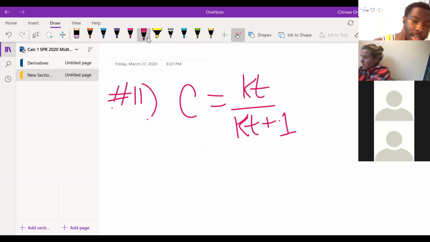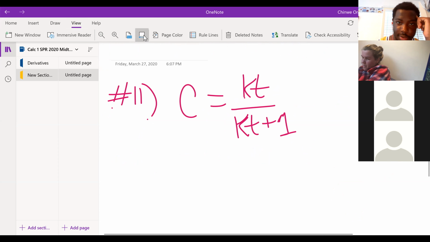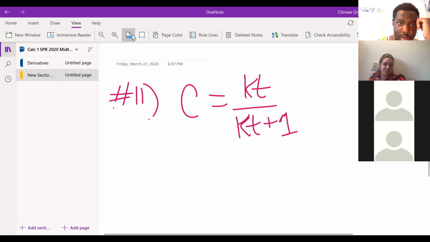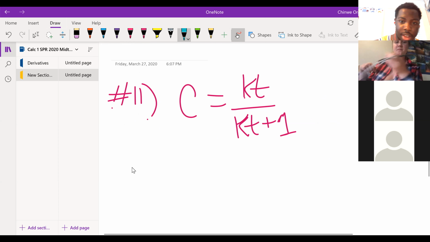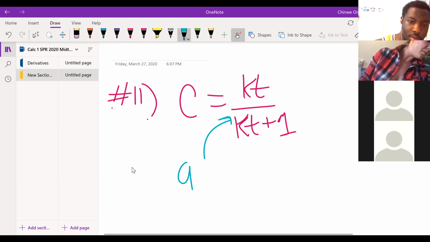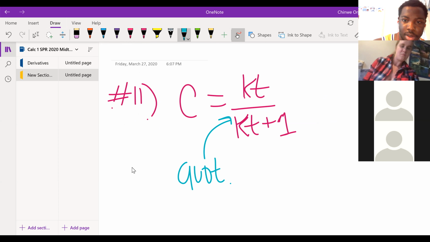Like I said before, you want to keep your stuff organized. This is like the other derivative that we dealt with earlier where you had the quotient rule. You want to identify the rules that you are going to use first. We've got a fraction line, so that means we're going to have a quotient rule.